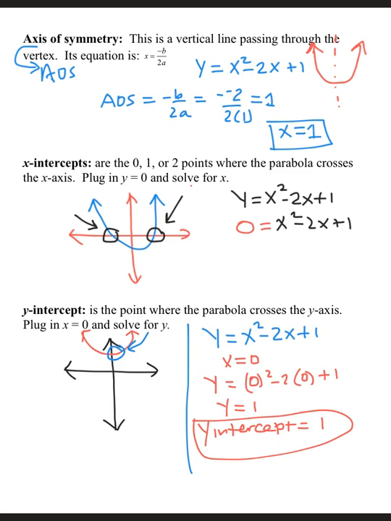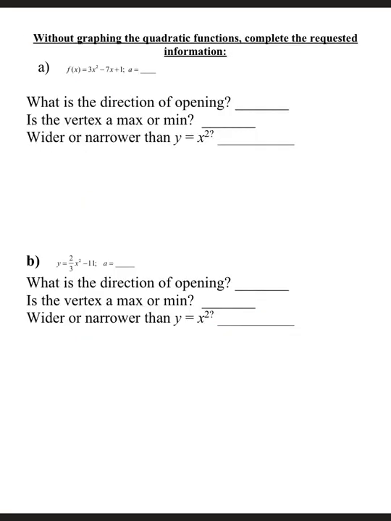Okay, now here, without graphing the quadratic function, complete the requested information. These are some examples just to deepen our understanding. So here a is equal to 3. How is this graph going to open? It's 3, it's positive, so it's going to be a happy face, it's going to open up.